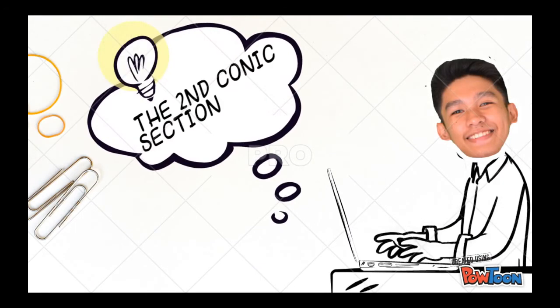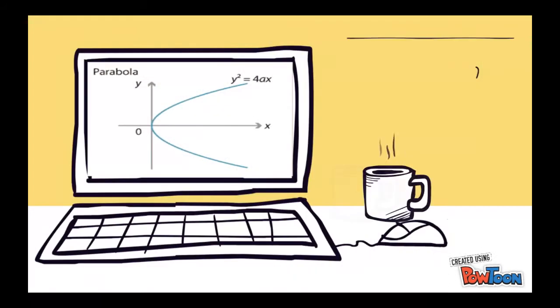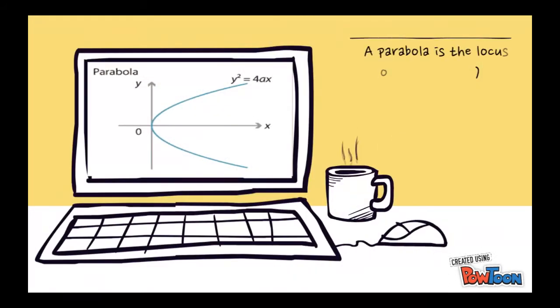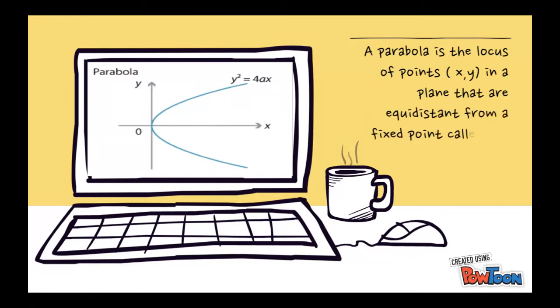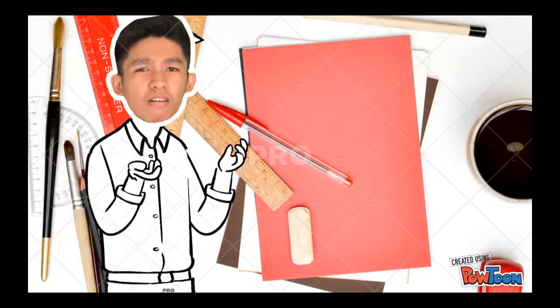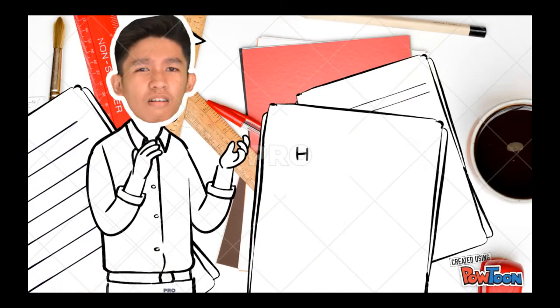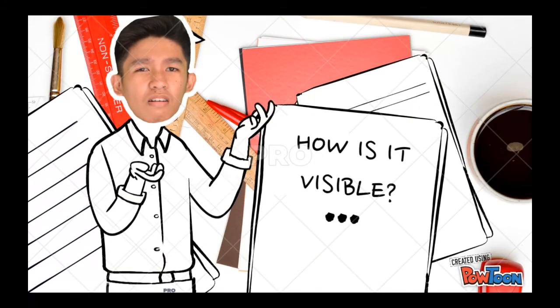The second conic section is the parabola. What is a parabola? A parabola is the locus of points x and y in a plane that are equidistant from a fixed point called the focus and a fixed line called the directrix. And how is it visible in the double napped cone?